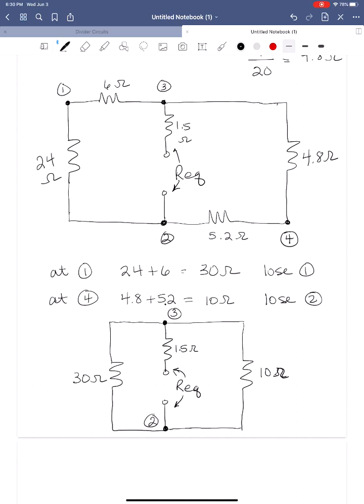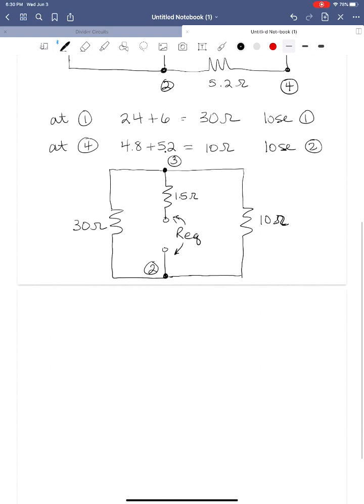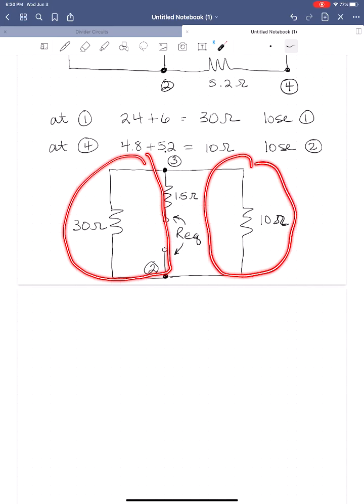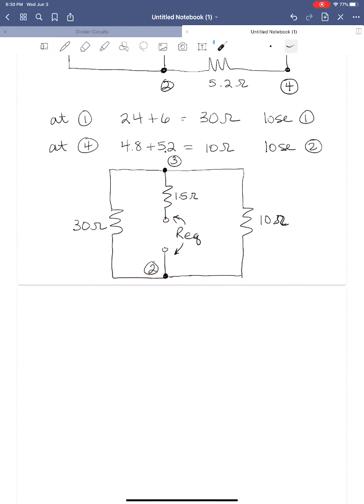So now we've got things in parallel again. Between node 3 and node 2, we now have the 30 ohm resistor and the 10 ohm resistor in parallel. The 1.5 ohm resistor doesn't come into play yet. It's not in series or in parallel with anything. Okay.